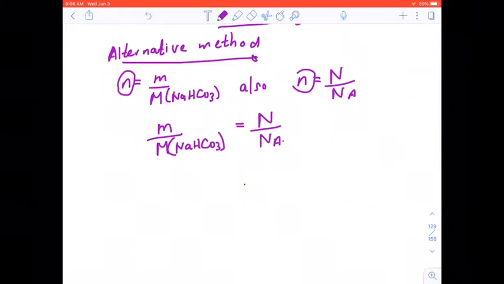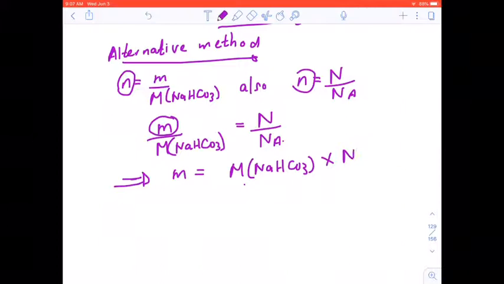Which would mean now if we want the mass of a particular particle, m is equal to M of NaHCO3 times N, because N is the number of elementary units, so we want it of the particle, and that needs to be divided by Na.